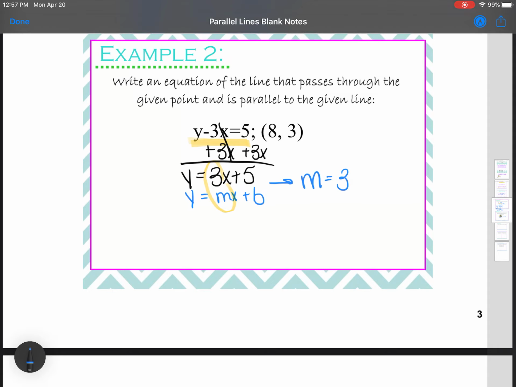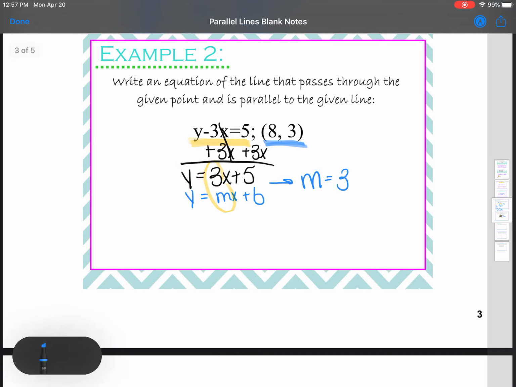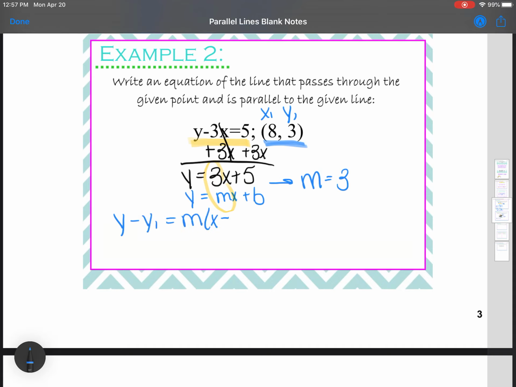Okay, then I'm going to take my point, the given point is 8, 3, and I'm going to label it x1, y1, and I'm going to plug all of this into point-slope form. So y minus y1 equals m times x minus x1. Just going to start plugging things in. Y minus my y1 is 3. My m is 3 times x minus x1 is 8.